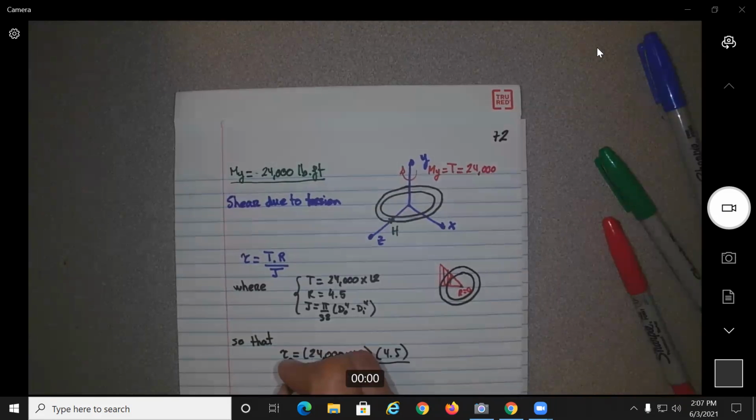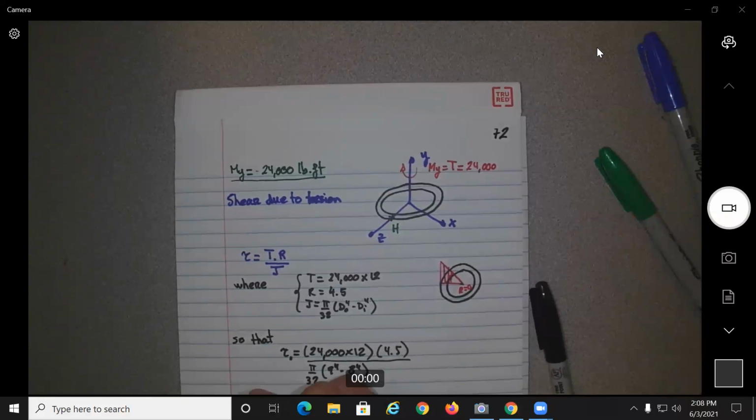And let's call this one the first shear, so tau sub 1. This is going to give us 5,355 PSI.